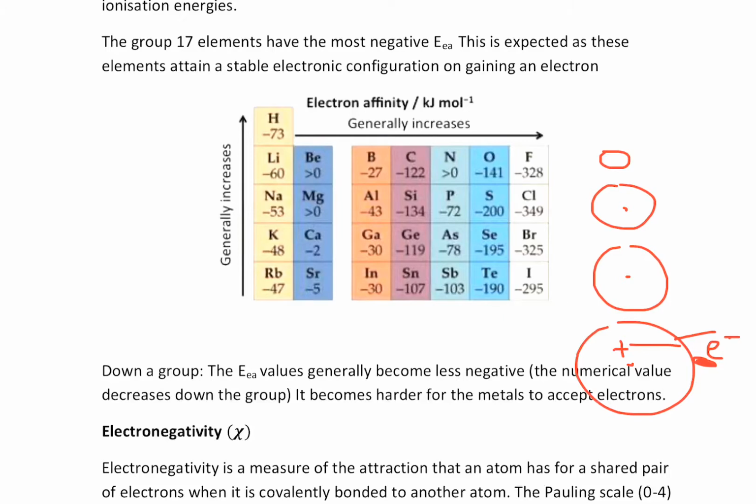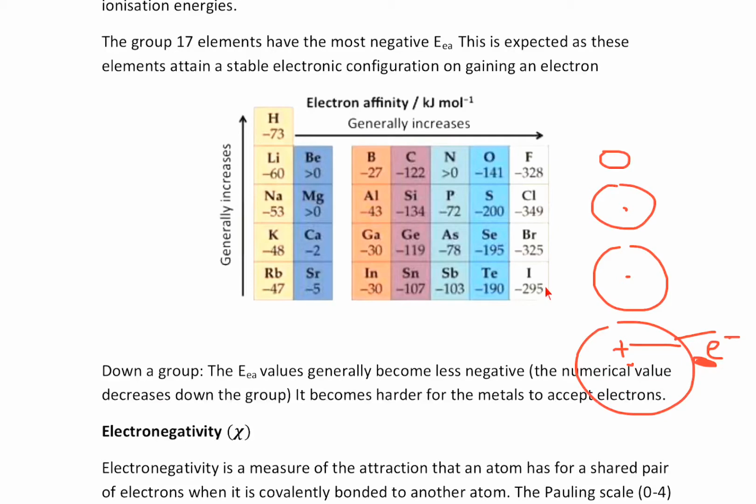But as it gets bigger, the nucleus gets further away from the outermost shell, so it's going to become less easy for it to accept that electron. So when it's a small atom, the electron is very close to the nucleus, so the attraction is more. So this is why down the group it becomes less negative, so the numerical value decreases.